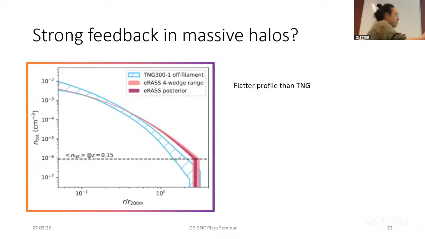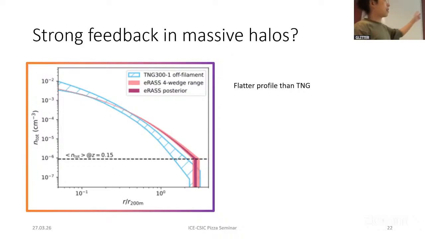And if we focus on this comparison with TNG, then we see a clear difference in the slope of the density trend. In the inner region, the TNG simulation tells us the halo average gas density is high and it drops quickly. But our result tells us that at the center, the inner region of halos, it's not as high as TNG shows.